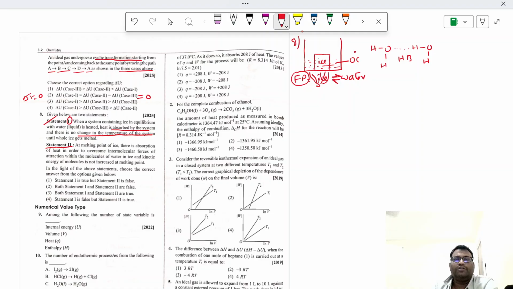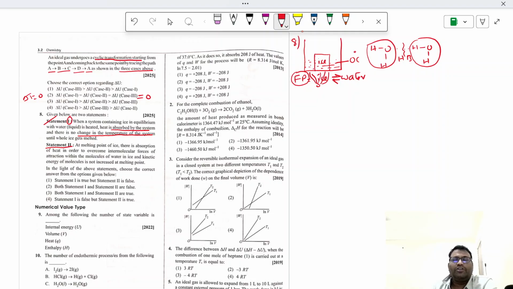This is one molecule, this is another molecule, one water molecule, another water molecule. Between two water molecules, there will be some attractive force. That's an intermolecular force. Hydrogen bonding is also a type of intermolecular force. So when you are supplying heat energy, that heat energy is used to break these intermolecular forces.